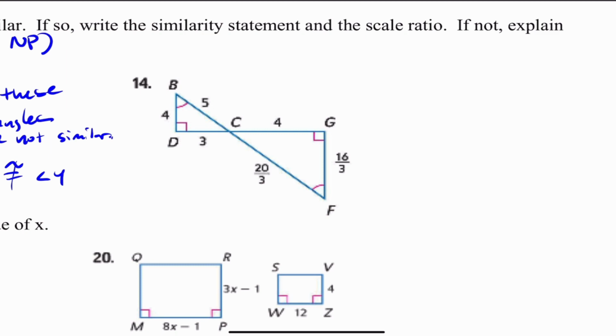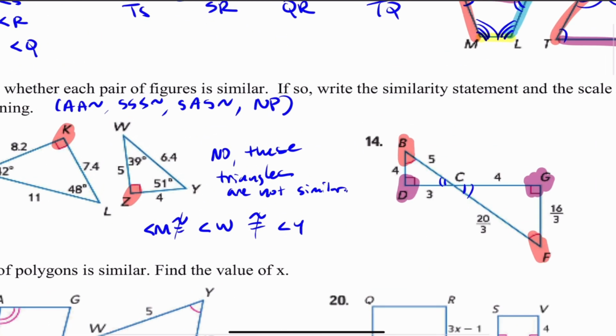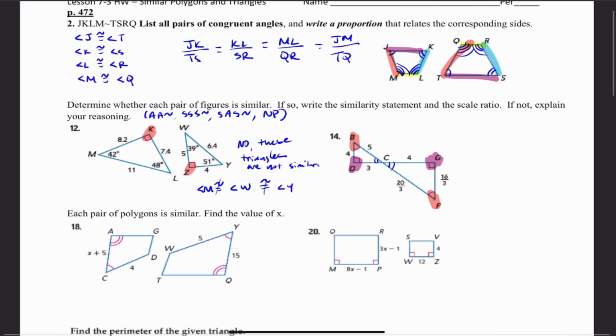Notice that angle B is congruent to angle F, and angle D is congruent to angle G. If we have these two pairs of angles that are congruent, then obviously with the third angles theorem, the remaining angles are congruent too. So are these two figures similar? If so, is it angle-angle similarity, side-side similarity, side-angle-side similarity, or not possible? I'll let you decide on that one.